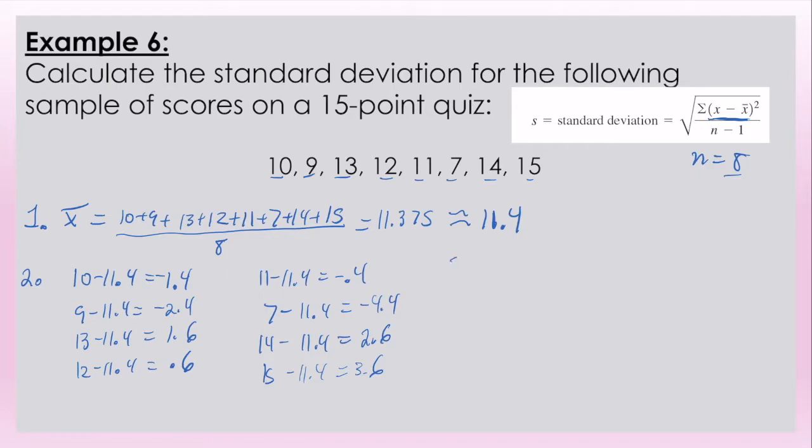Step 3, and you could do these without breaking them down step by step. You could take the difference and square them right away, but I'm going to break it down really slowly so we all get really comfortable with it. So now I take each of these squared, and I'm going to take the sum as I square them, because we're going to square the sums.